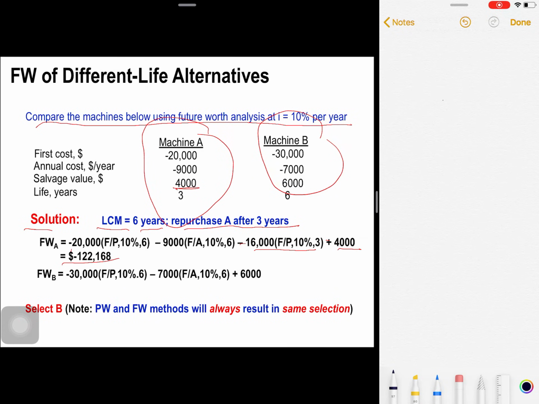$168,000. For FWB, okay, negative $6,000 (F/P, 10%, n equals 6) minus $7,000 (F/A, 10%, n equals 6) plus $6,000, and you get a figure of negative $101,157.